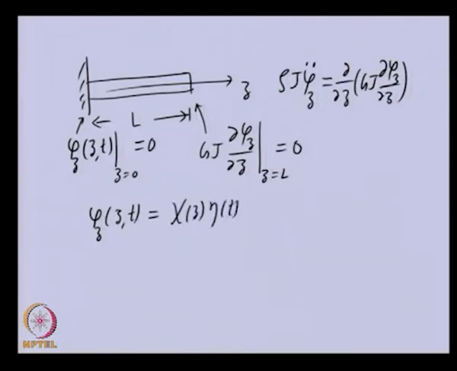One function is purely spatial coordinate dependent, that is chi of z, and another is time dependent, eta of t, and this time dependent function is generally harmonic in nature.